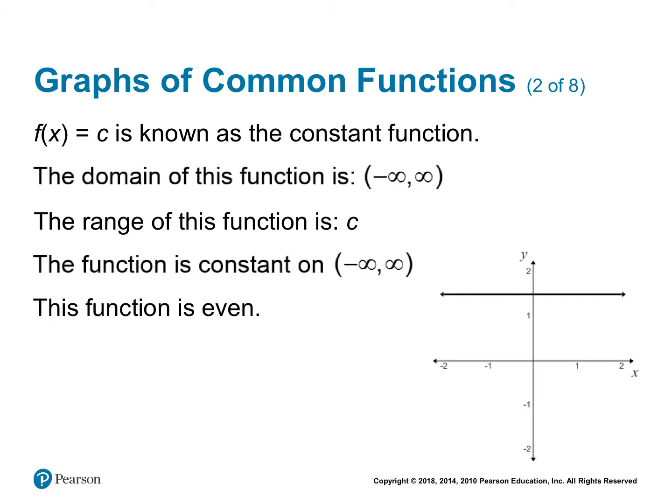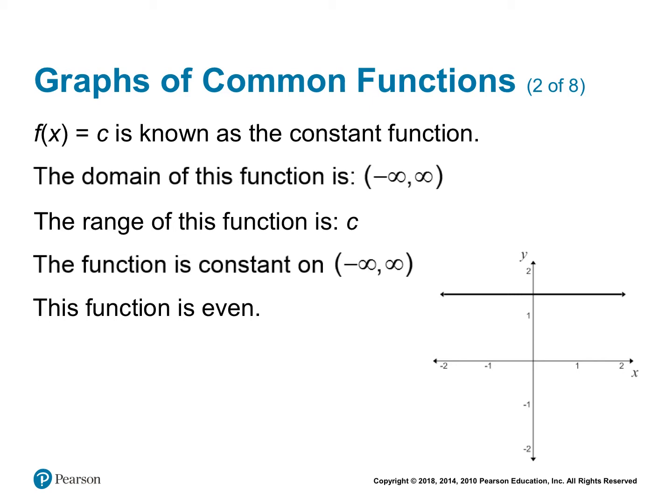Okay, f of x equals c is the constant function, so the c you can think of as constant. The domain is negative infinity to positive infinity, so the x goes from negative infinity all the way to positive infinity. The range is wherever the c is at. The function is constant on that negative infinity to infinity, and it is even because it can reflect across the y-axis.